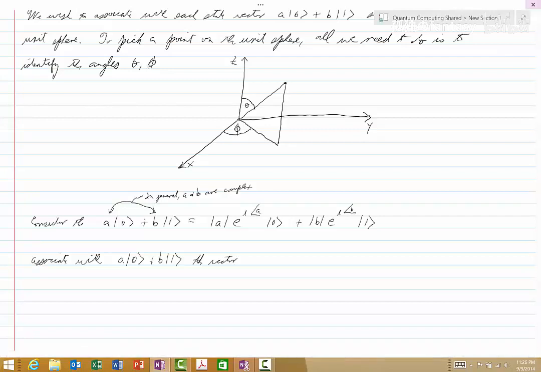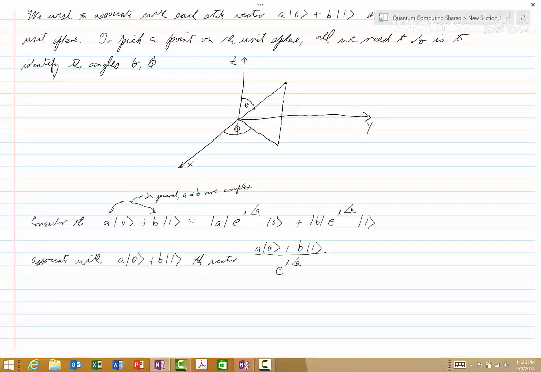And what vector do we want to map it to? We will associate with it the vector A0. We will map it to itself, but with just one modification, and that is divided by e to the I times the phase of A.